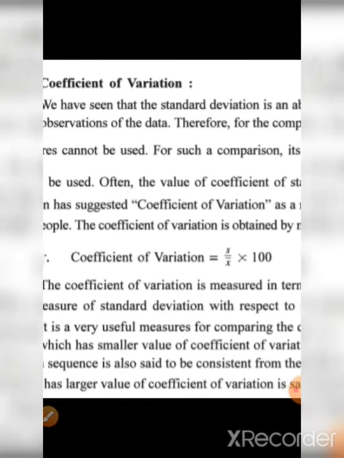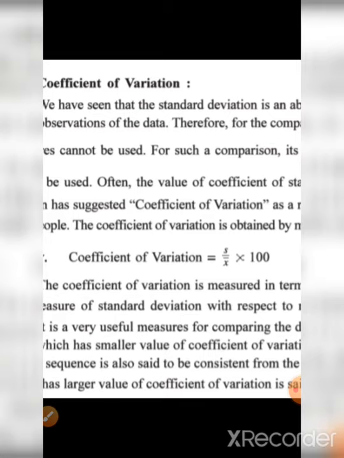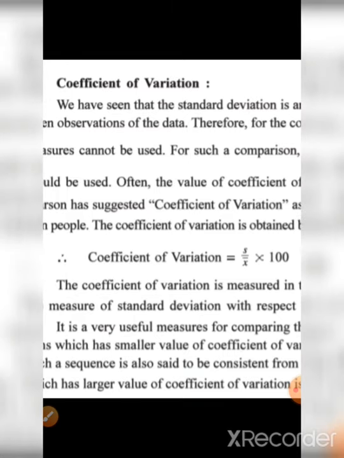Now here we shall discuss the coefficient of variation. When you want to compare two different sets of data, at that time we can do the comparison with the help of the coefficient of variation. So we use the coefficient of variation when two sets of data are given, comparison is to be made, and there is to be some conclusion out of it.